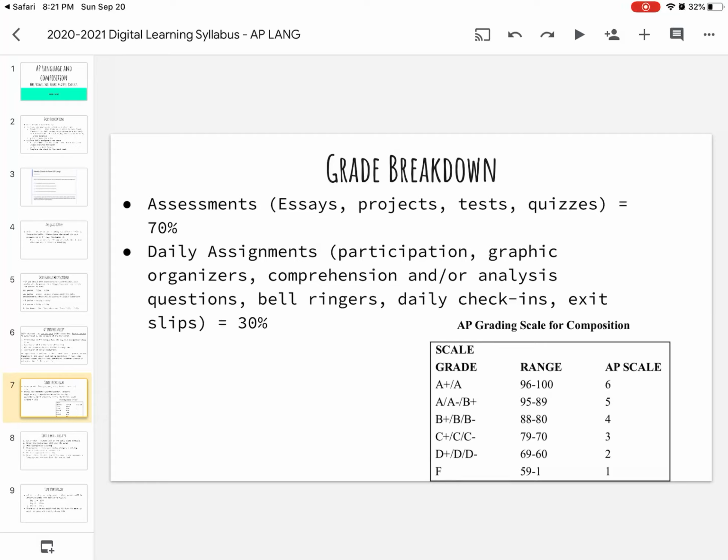If a student comes to me with genuine concern that he or she did not meet his or her goals for a particular assignment and would like to use feedback to make modifications and to learn from what they did not do correctly the first time around, I am amenable to the idea of regrading and giving a second chance. I think that's how we learn. And so I just want to extend that now.